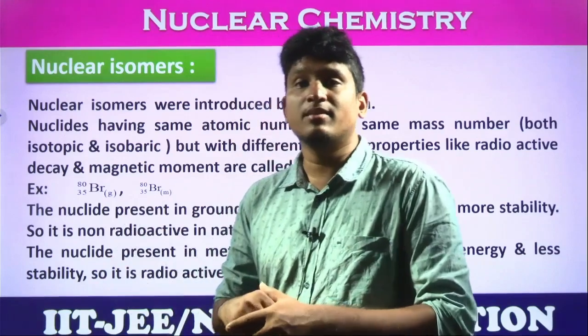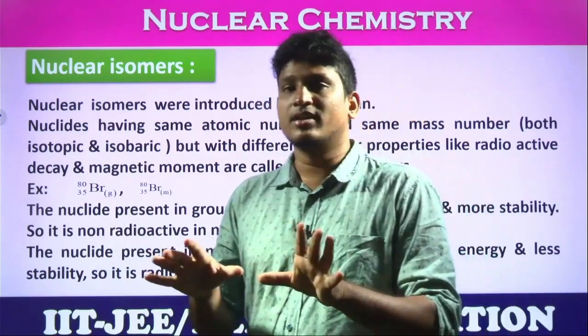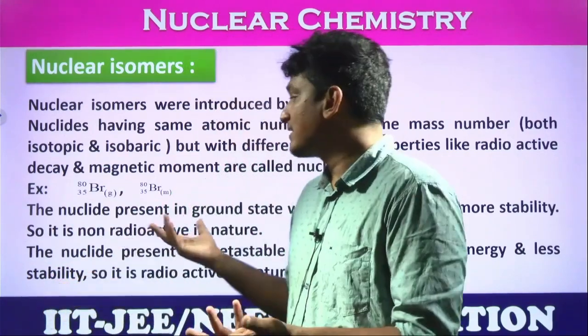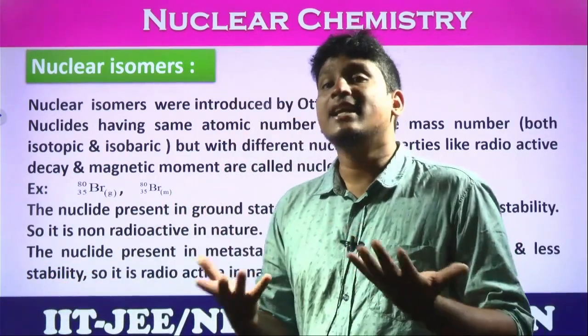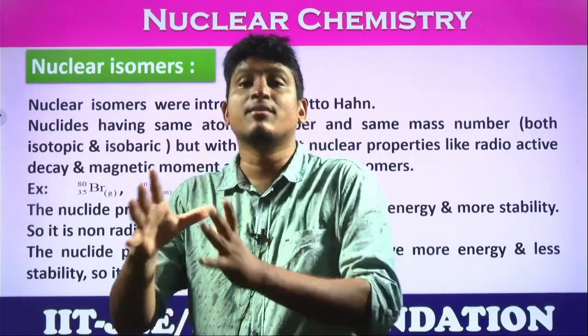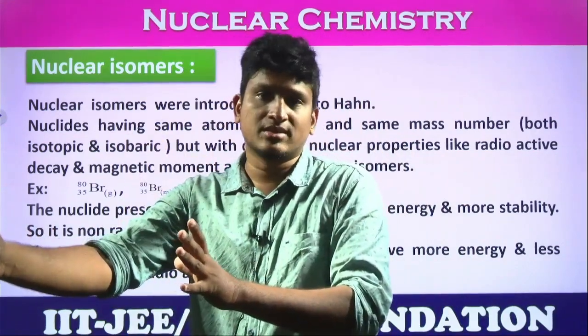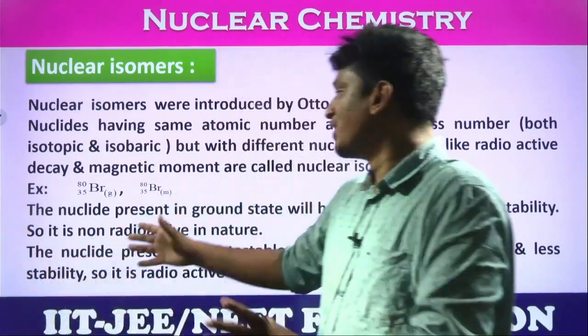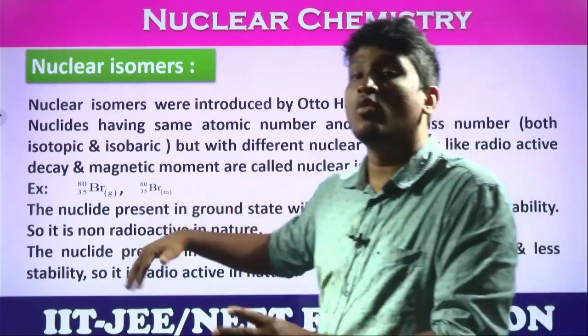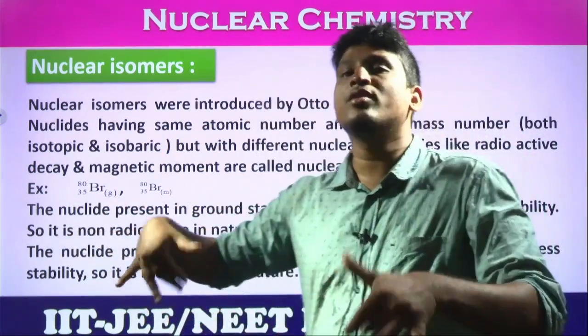Then metastable bromine, what happens? Yes, correct, students. It is highly unstable, but it also has some lifetime. In that lifetime, it exists and it converts into the most stable state because of having high energy. So the nuclide present in the ground state will have less energy and more stability, so it is non-radioactive in nature.